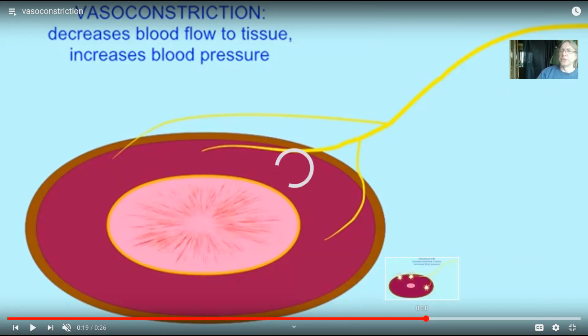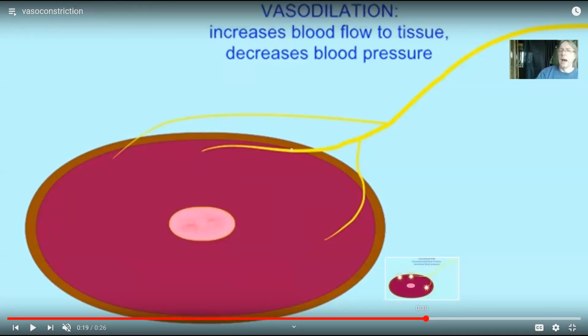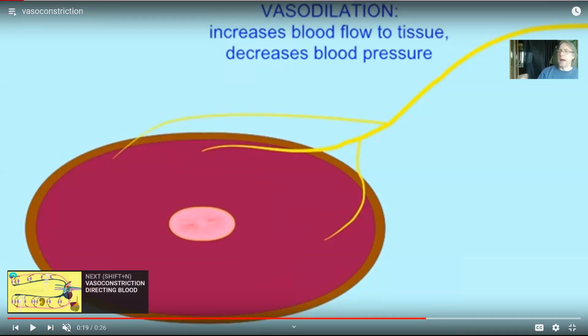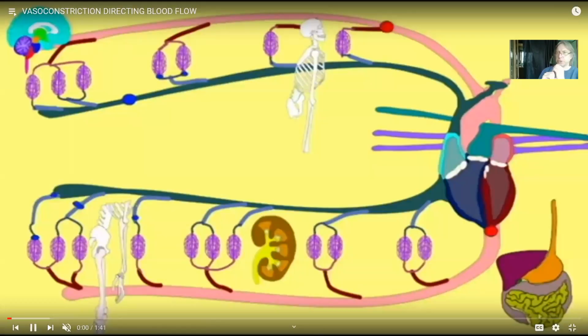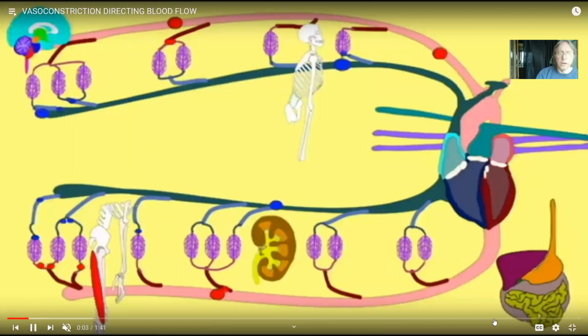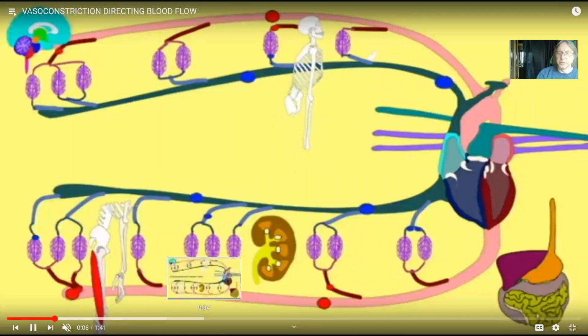And so there can both be neural commands sent here, and then also locally acting hormonal factors can also cause vasoconstriction. Not only does this affect blood pressure, but it will also then help direct blood flow, as we will see, because you have 5 liters of blood and 8 liters of space.